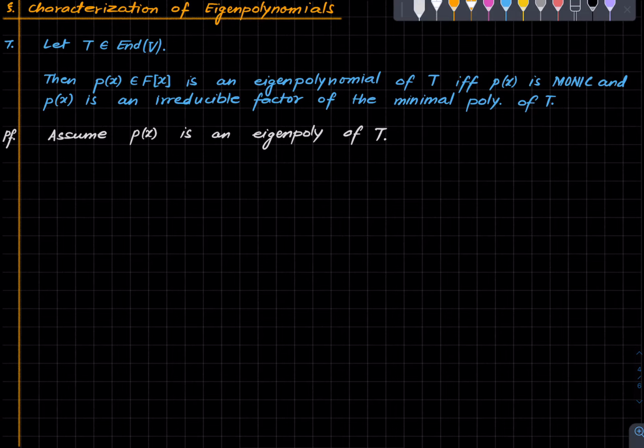Right? So we assume p(x) is an eigenpolynomial of T. We want to show that p(x) is an irreducible factor of the minimal polynomial. So let m(x) be the minimal polynomial of T.